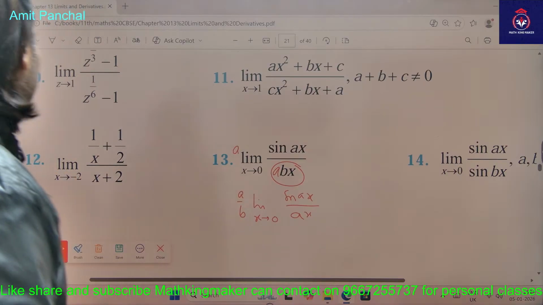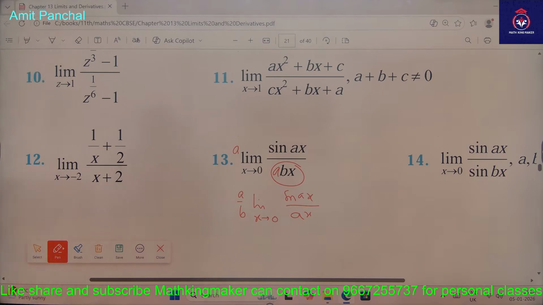Okay, just do the 14th now. The 14th one. Sin ax by bx, limit x tends to 0. Limit x tends to 0 sin ax.